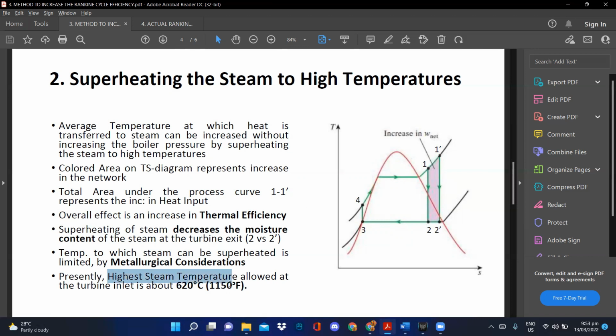So ibig sabihin, yung mga commercially available nating turbine blades is desirable only for a maximum of 620 degrees Celsius. Higher than that, it may cause stress and may cause, what do you call this, a breakage of your turbine blades.